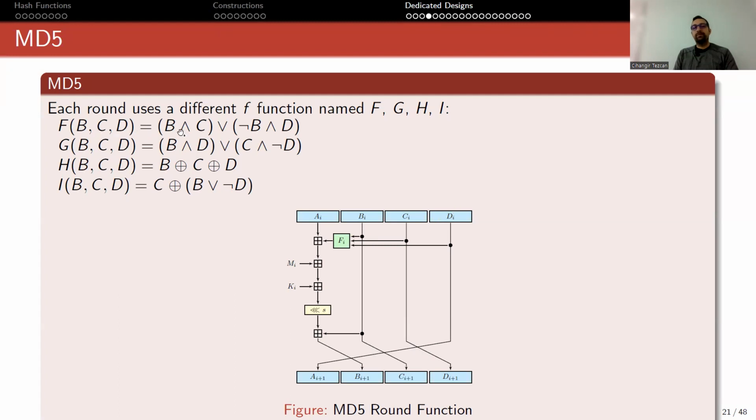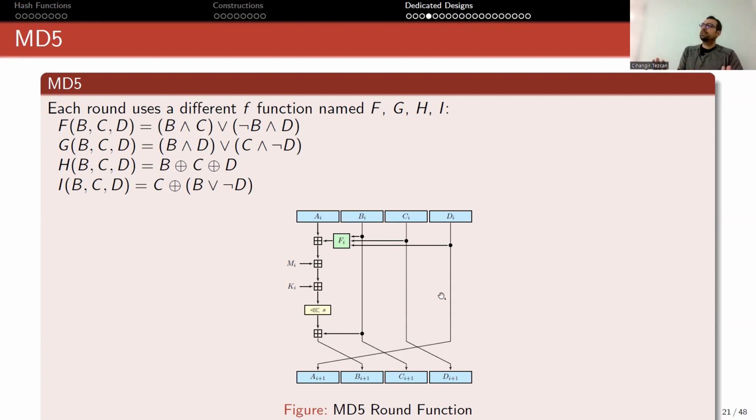If you use F, it is B and C, or not B and D. As you can see, this is just logical operations. For 16 rounds, you use this, and for the following 16 rounds, Fi becomes G, and this time you use B and D, or C and not D, and so on. Here you have XOR operations, etc.